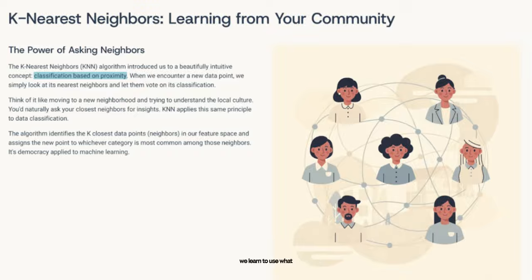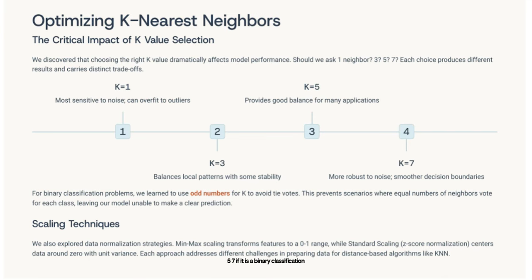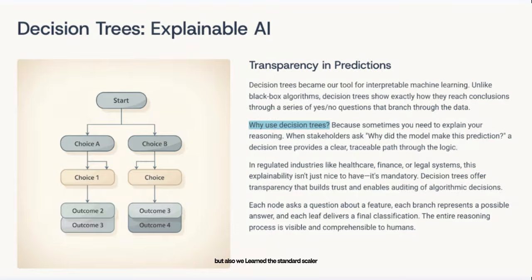We learned what kind of effect the K value has on the outcome, right? K1 versus 3, 5, 7. If it is a binary classification, we want to use an odd number, right? We learned that.